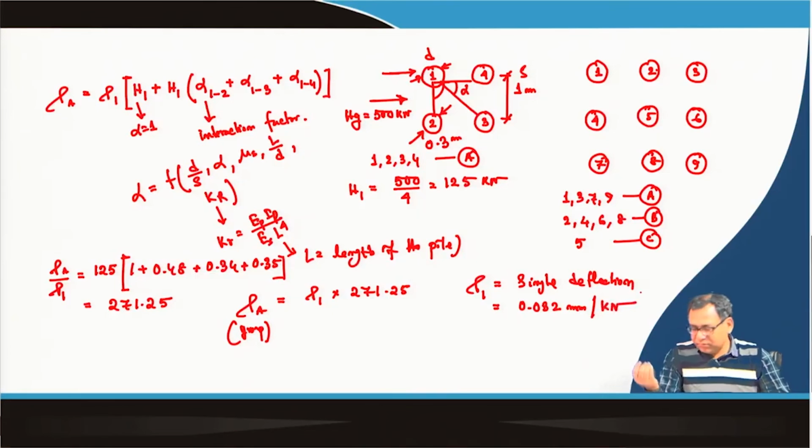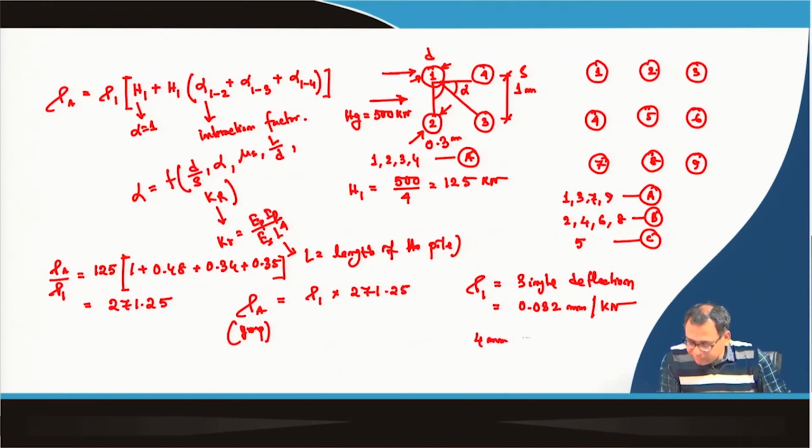That means for per kilonewton it is 0.032 millimeter, and generally it is given as 4 millimeter for 125 kilonewton of load.